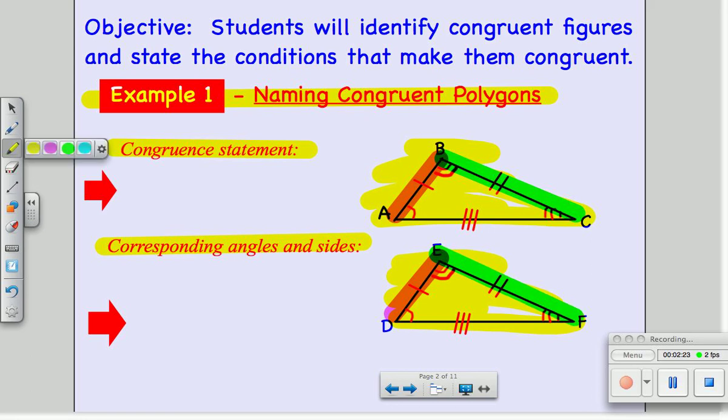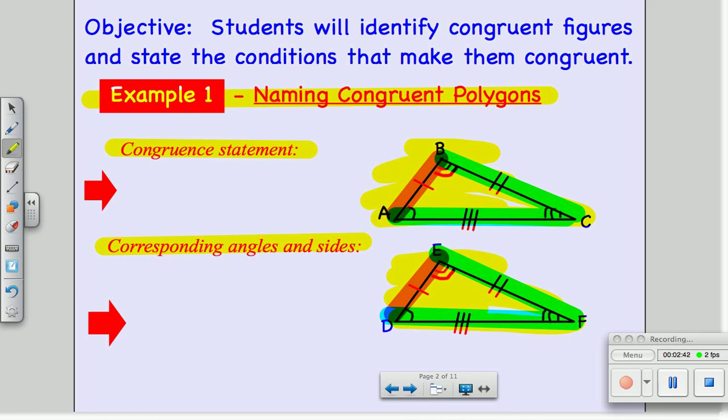Okay? And the last one, line AC here, is that the same color? Looks the same color. Corresponds to DF here. Okay? So these are the corresponding sides.